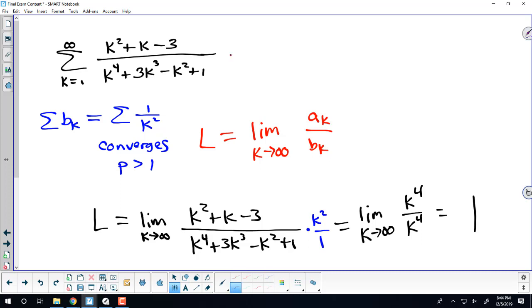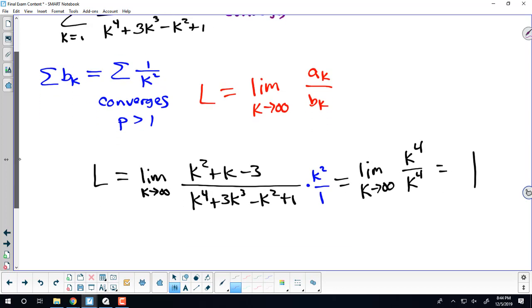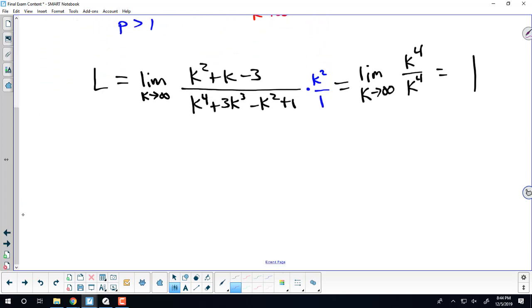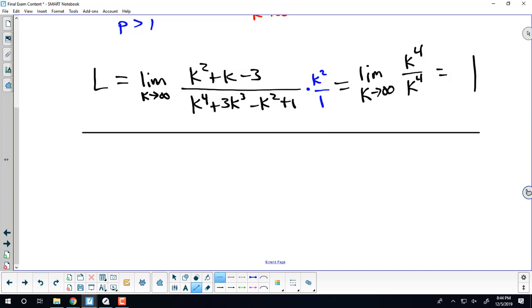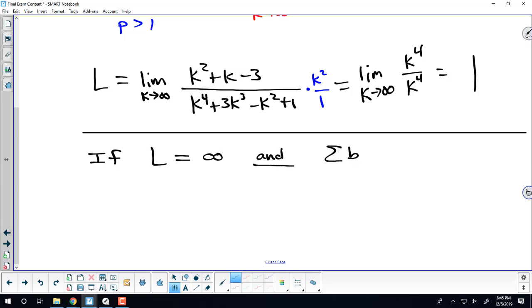And if it's infinite, that means they don't grow at the same rates. Does that mean it diverges? Not necessarily. So the condition where the limit in the limit comparison test comes out to be infinite: if L is infinite and the series that you chose for b sub k diverges, then the given series diverges.